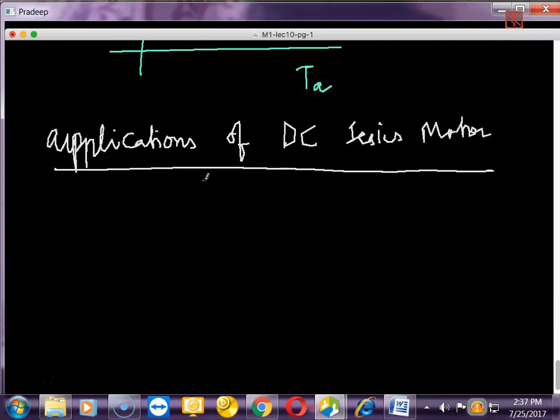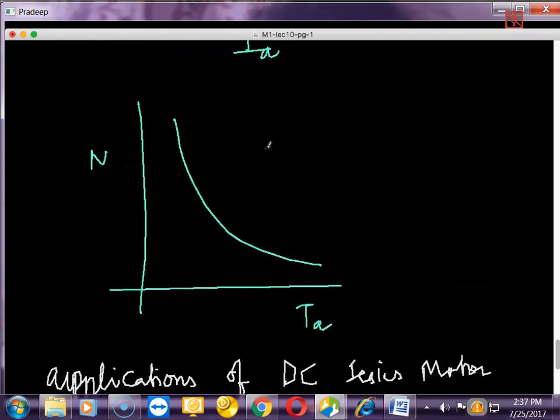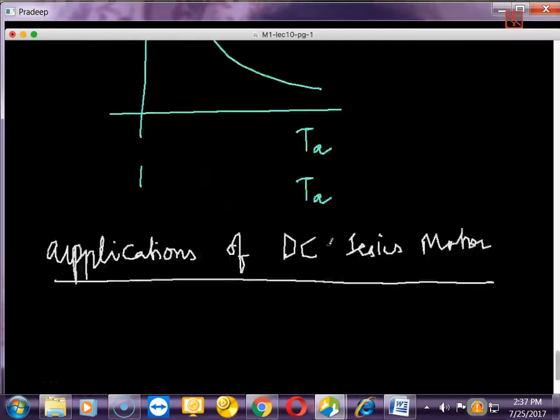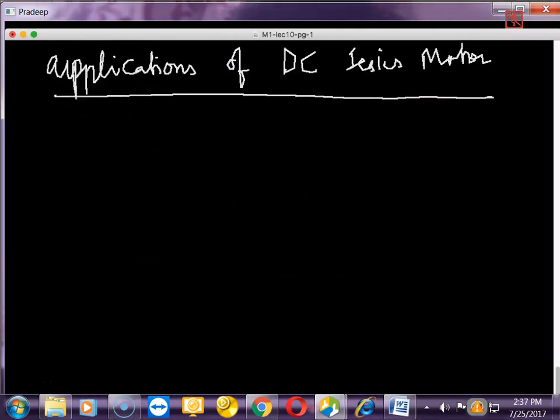You notice, look at speed. Speed is not constant, speed is variable. It can support high speed to low speed, like this. So what are the applications of a DC series motor based on the speed? Of course, it is a variable speed application.